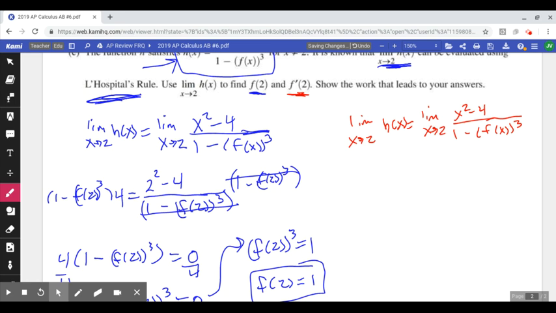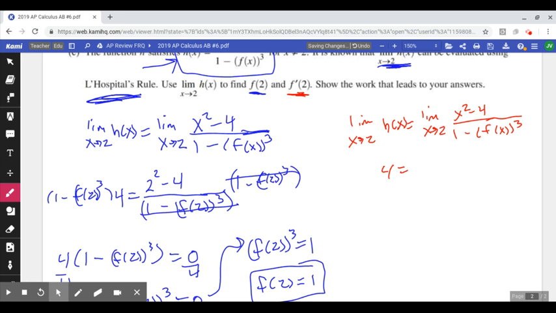Here we also know that the limit as x approaches 2 of h of x is equal to 4. And for this one, we're going to take the derivative of the numerator and the derivative of the denominator.